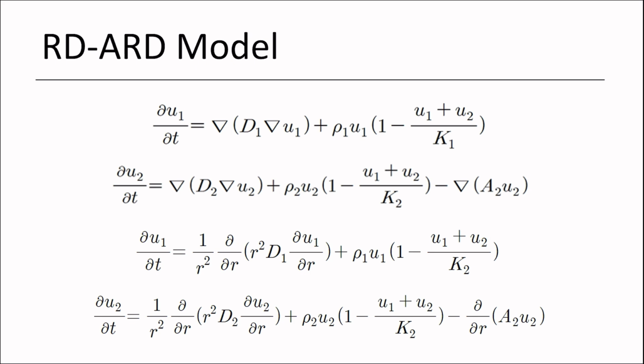One key strength of the RD-ARD model is that it reflects the go or grow hypothesis, which suggests that tumor cells either focus on proliferation or on migration, but not both simultaneously. In summary, the RD-ARD model helps us better understand the spatial heterogeneity and invasive behavior of GBM tumors, which are critical challenges in developing effective treatment strategies.